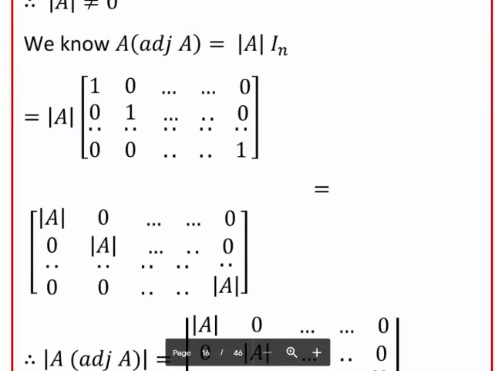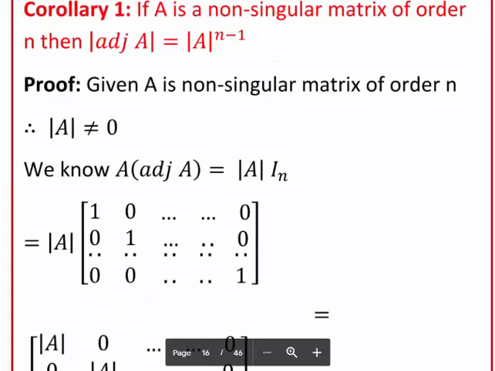And we have to prove that the determinant of adjoint of A is nothing but mod A raised to n minus 1. How can we show this? We apply theorem 1. Theorem 1 tells that A into adjoint of A equals determinant of A into I.